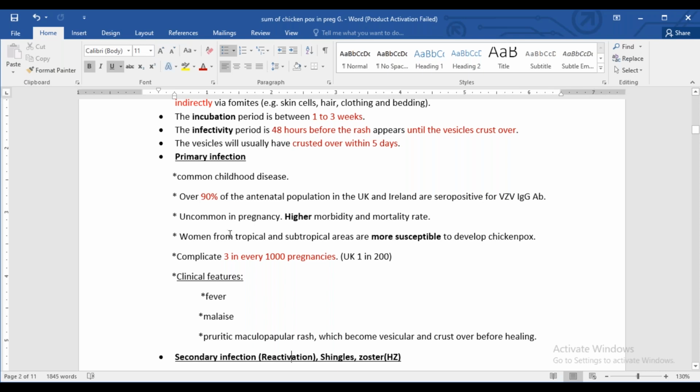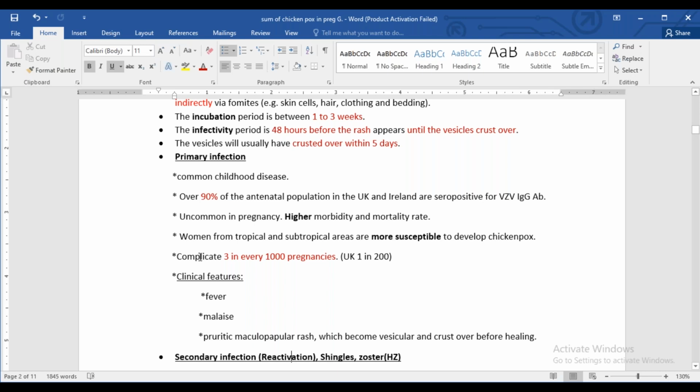Also, we have to know that women who come from tropical and subtropical backgrounds, like Egypt, like India, in these areas are more susceptible to developing the infection because the immunity rate in these communities is not as high as here in the European countries. So you have to keep in mind, if your case states that the woman comes from a tropical or subtropical area, she's more susceptible, and you have to take your precautions with this woman.